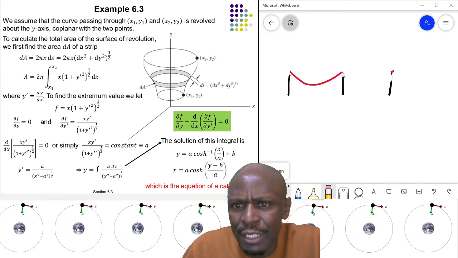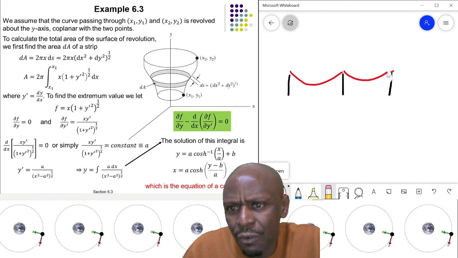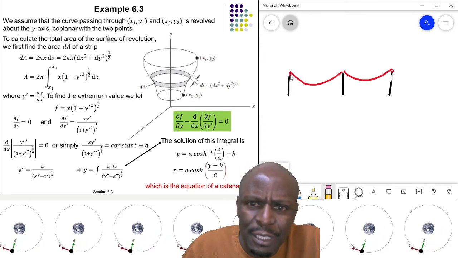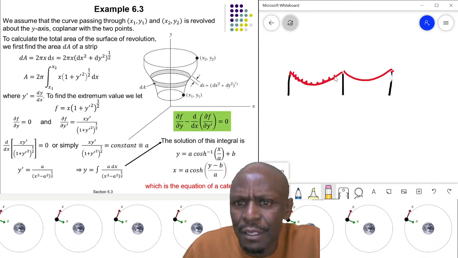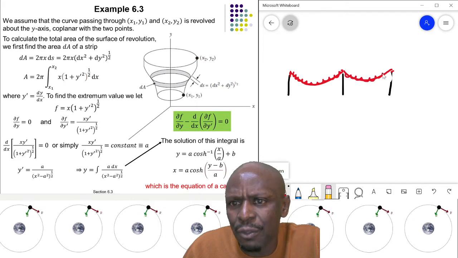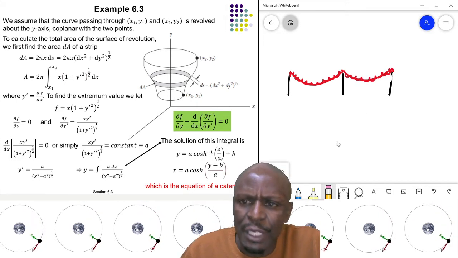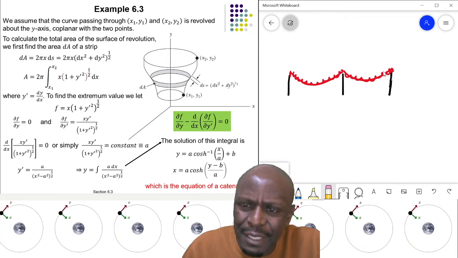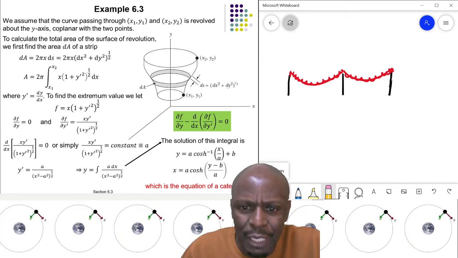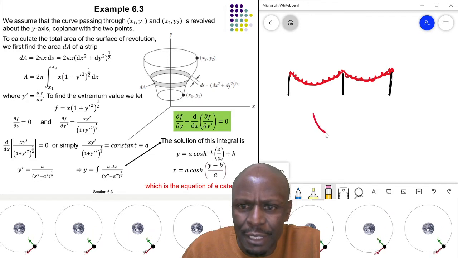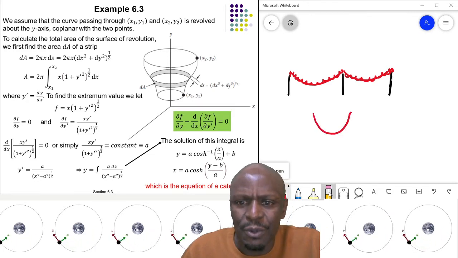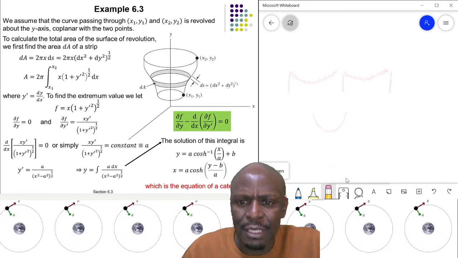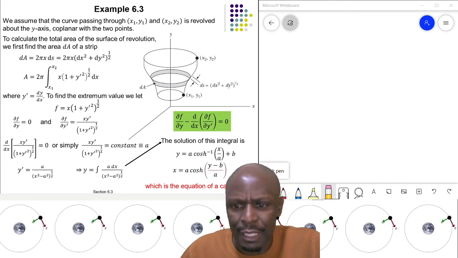It will just hang like this from one pole to the other. So the equation for that is what we term the catenary. It's not the parabola, because the parabola will be a little bit steeper. I think you know that. Good. So that is what a catenary is.